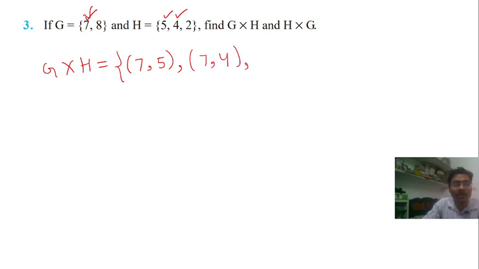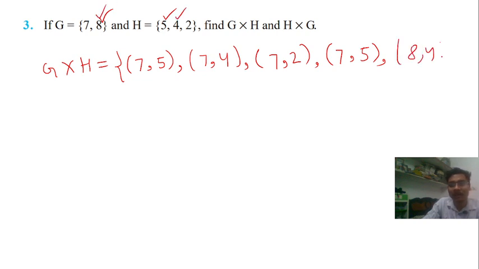First the element of G and the third element of H, that is 7, 2. Similarly, we will again write the second element of G and the first element of H, that is 8, 5. Then we write 8, 4. Now we will have to write 8 here also.